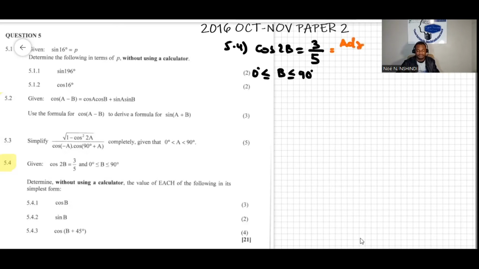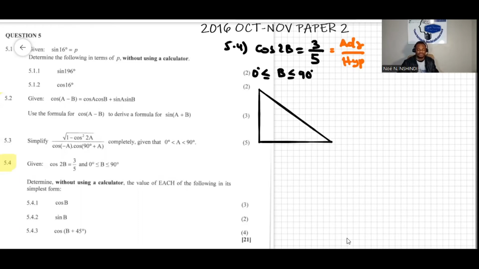So I prefer to first draw my triangle here. I want to draw a right angle triangle in the first quadrant, because that's where we have 0 and 90 degrees.